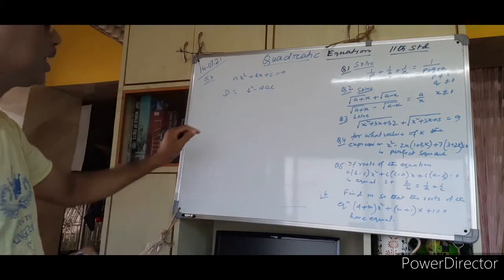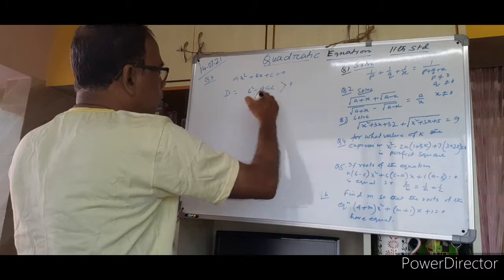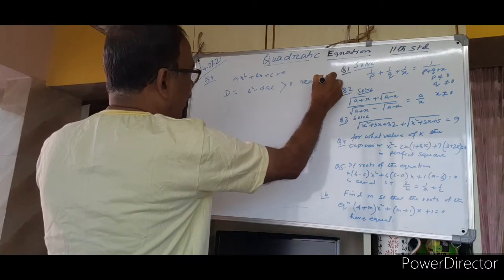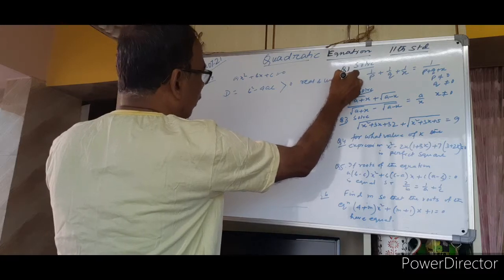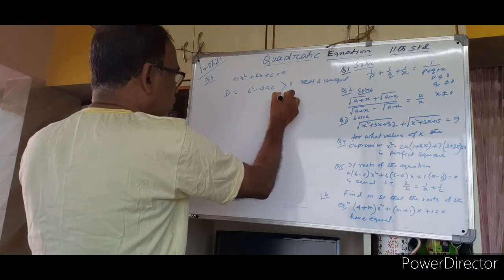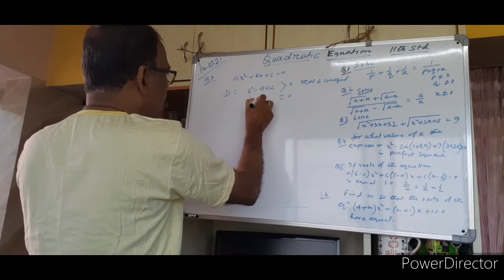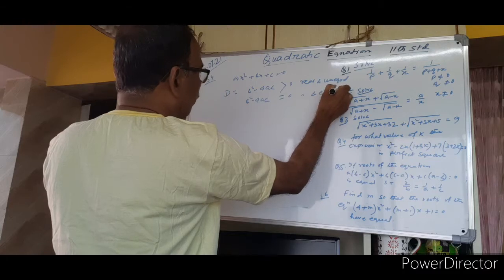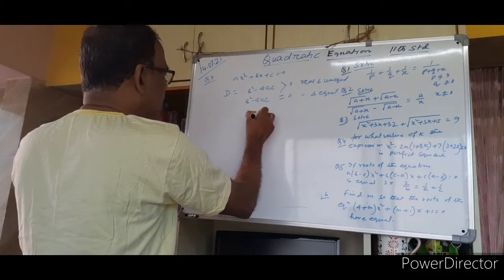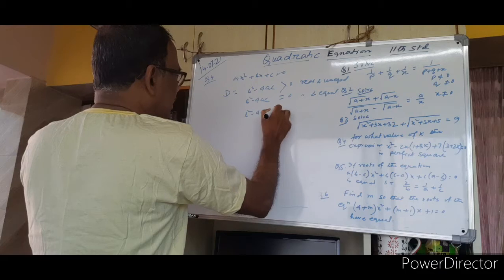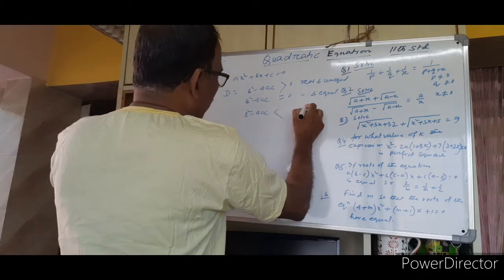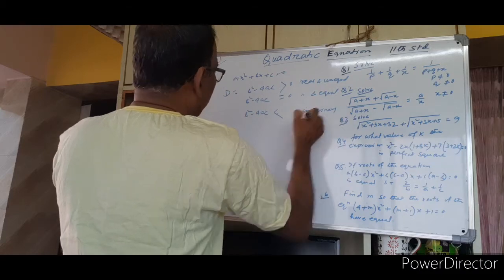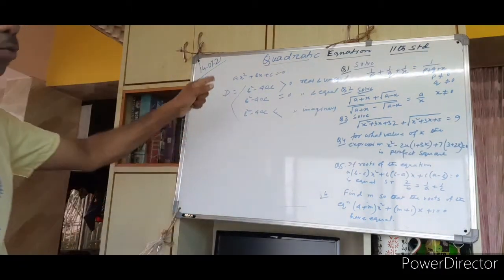If b square minus 4ac is greater than 0, roots are real and unequal. If b square minus 4ac equals 0, roots are real and equal. If b square minus 4ac is less than 0, roots are imaginary.